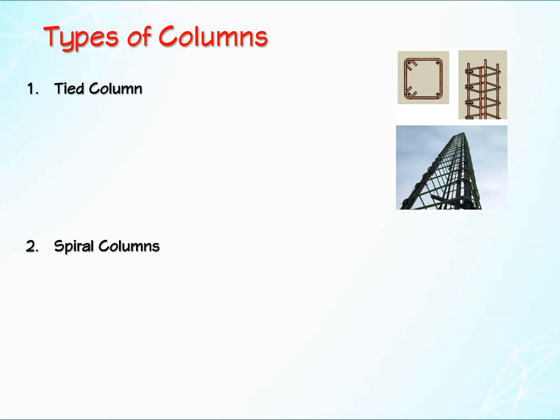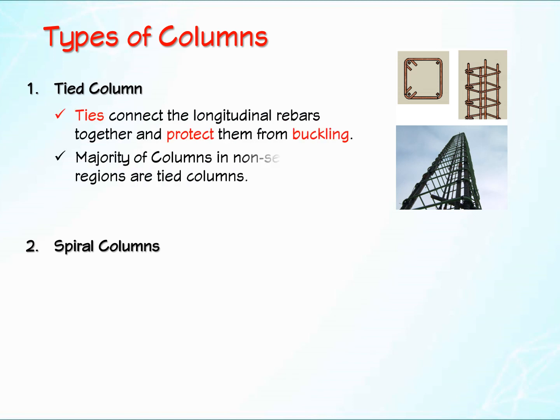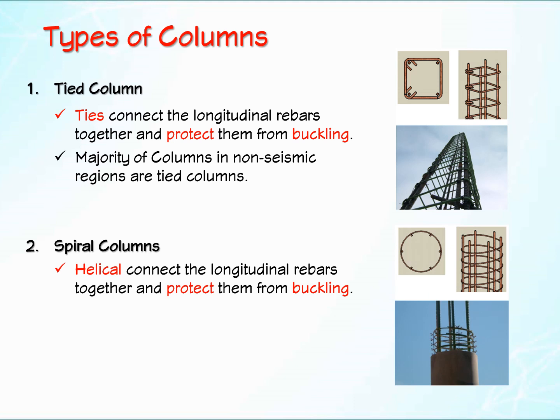Main difference between tied column and spiral column is spiral is continuous, but ties are disconnected, as we saw in stirrup design. Ties or spiral will connect longitudinal main rebar together so that it can protect main rebar from buckling at time of failure.